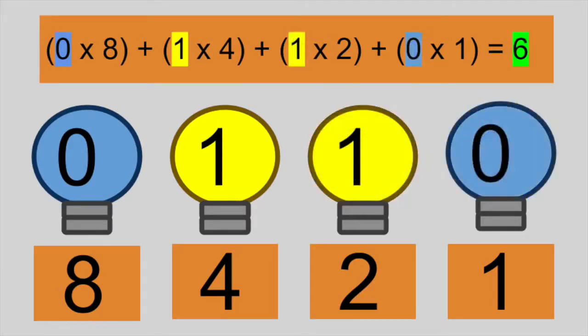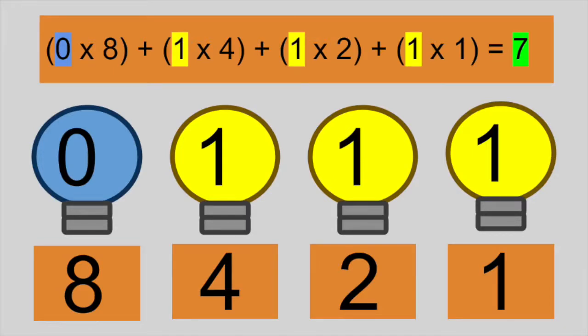To represent 6, we add 1 times 4 plus 1 times 2 plus 0 times 1, so we have 4 plus 2. To represent the value 7, we add up 1 times 4 plus 1 times 2 plus 1 times 1, so 3 ones. Or in base 2, 7.